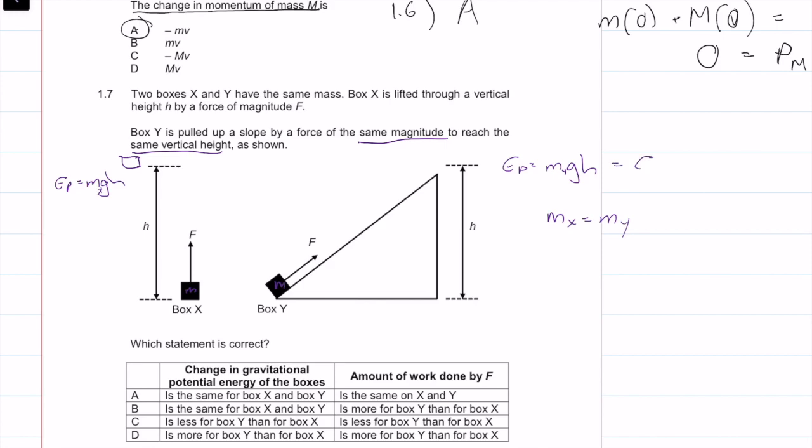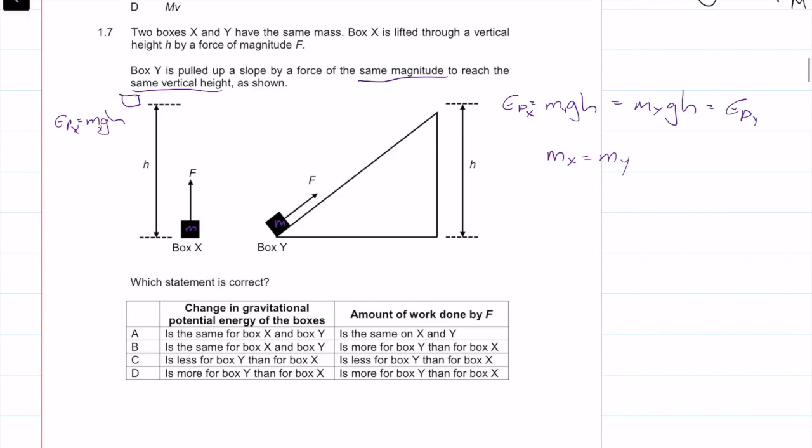So EP of X is equal to mass of Y, gravity, height, which is equal to EP of Y. So basically we can say that the change in potential energy is the same. So we can cancel those last two options.